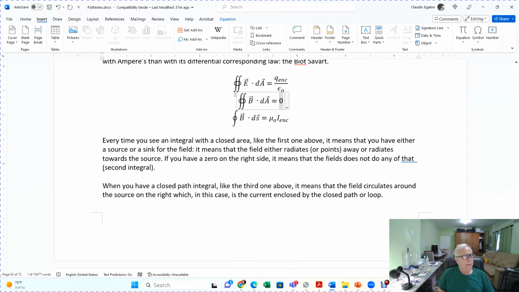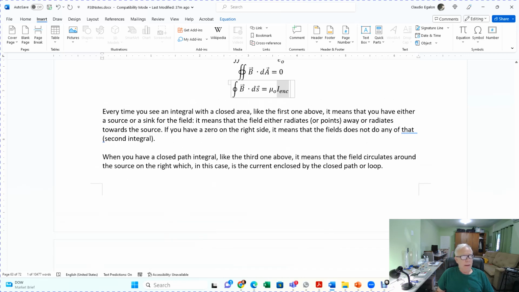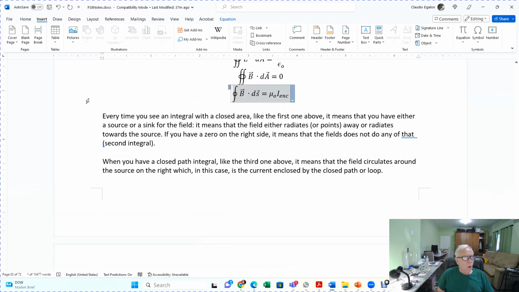However, with a closed path integral, the field circulates around the source, which in this case is the current. So let's concentrate on this integral.